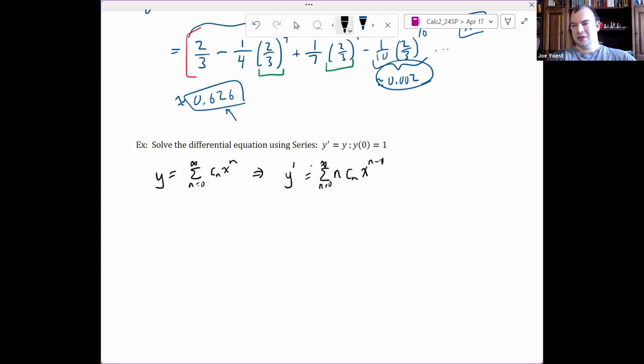That's a little funky, but because I have n here equaling 0, this index n equals 0 term is just 0. So really I could just write this as the sum from n equals 1 to infinity of n Cn x to the n minus 1.